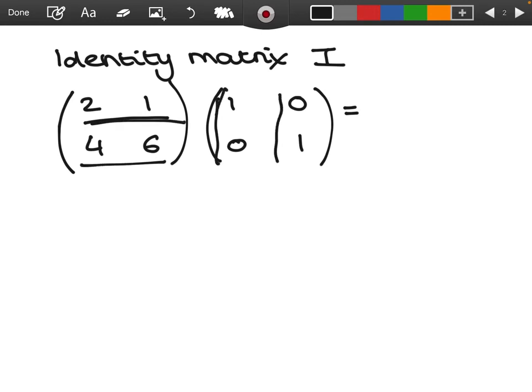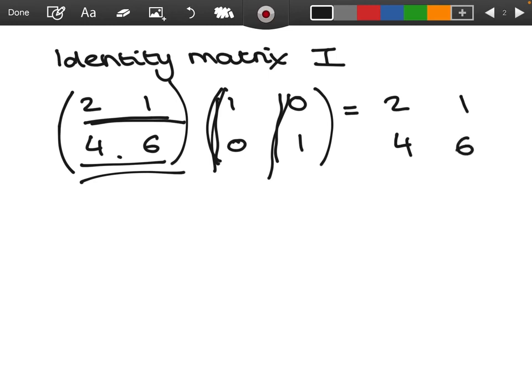If I take the multiplication of these two matrices, again you do row times column, row times column, row times column, row times column. Okay, so I get 2 times 1 is 2, plus 1 times 0, that leaves me with 2. Then I get 2 times 0, 0 plus 1 times 1 is 1. Then my next entry is going to be 4 times 1 plus 6 times 0.